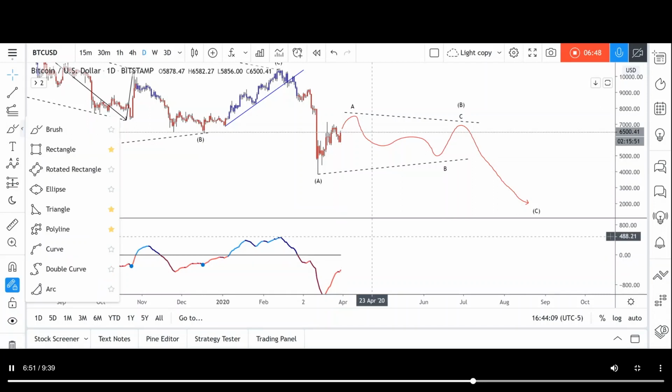So it could look something like this on the MACD. I didn't draw it out quite as long as this, but you can get the idea here.